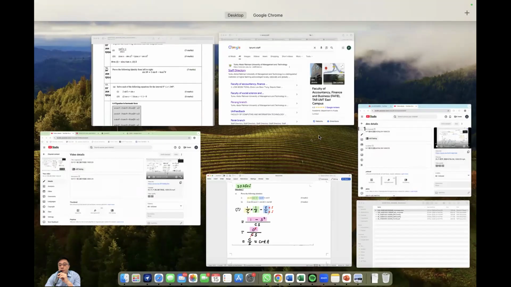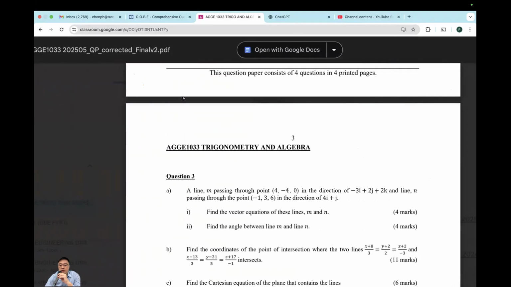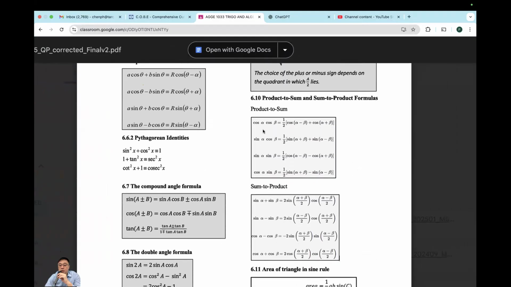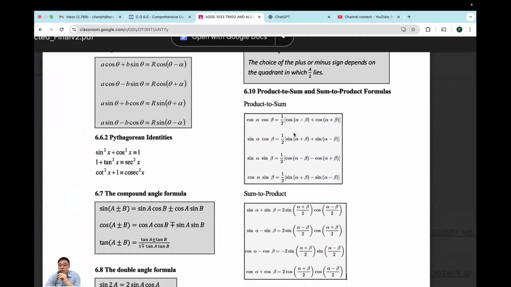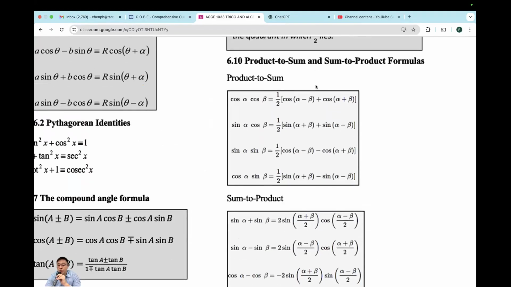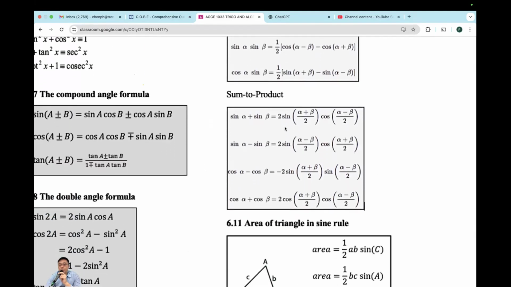Okay. You see, we have so many formulas in this exam. Now we would like to talk about the product to sum formula. We need to focus on both. Both actually we need to know. But however, when we do proving questions, maybe we can just remember from here.